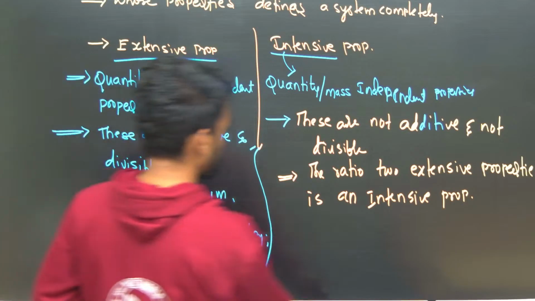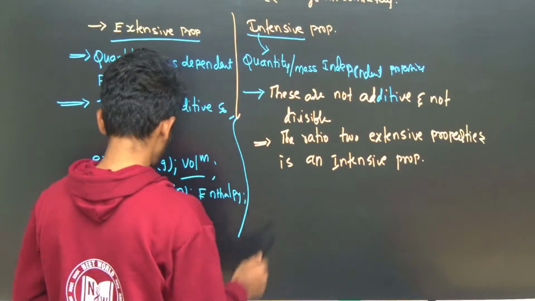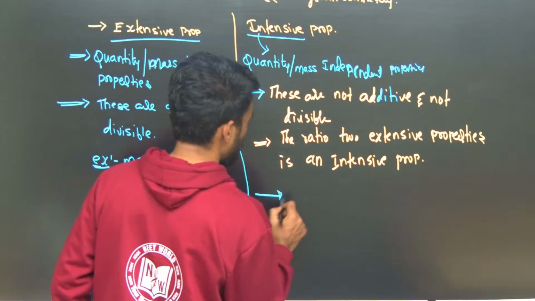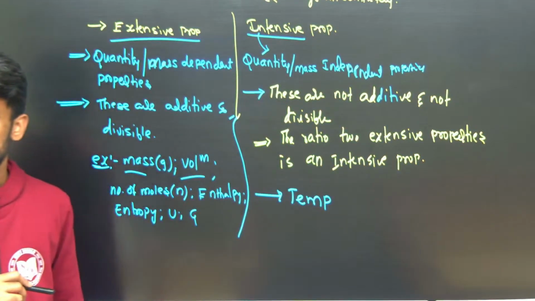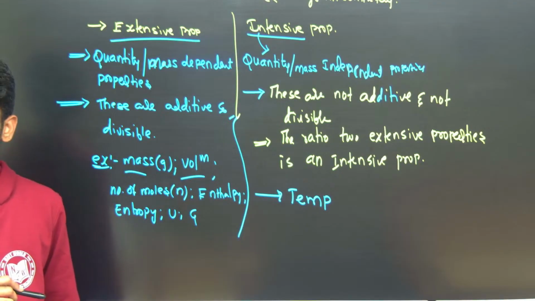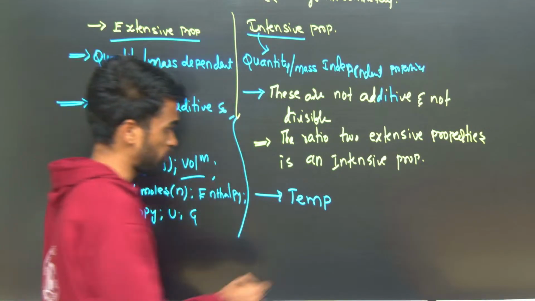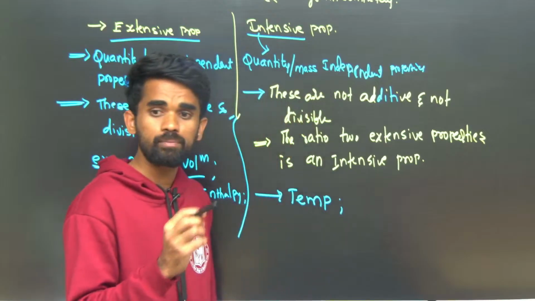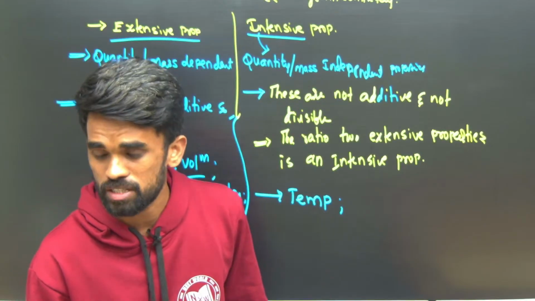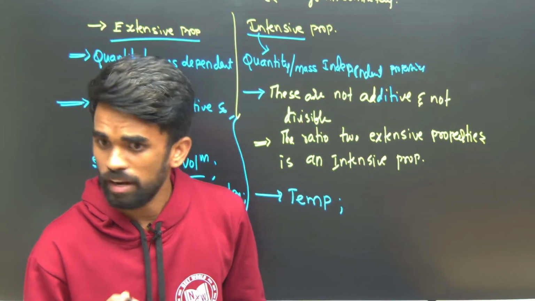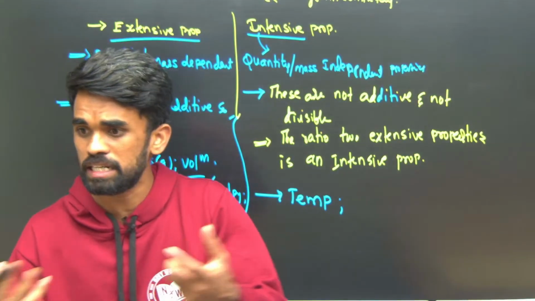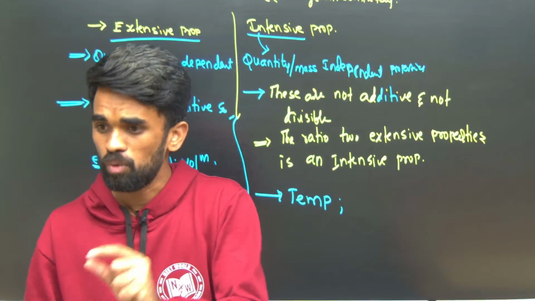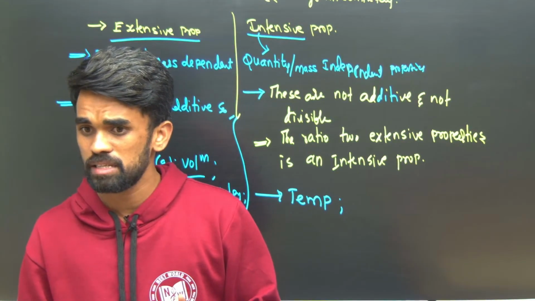Now tell me what relations you know. For example, temperature. Tell me, will temperature be extensive or intensive? Temperature is an intensive property. For example, what is the boiling point of water? 100 degrees. Whatever quantity you take, whether 1 liter, 10 liters, or 1 drop, 2 drops, the boiling point of water remains the same.